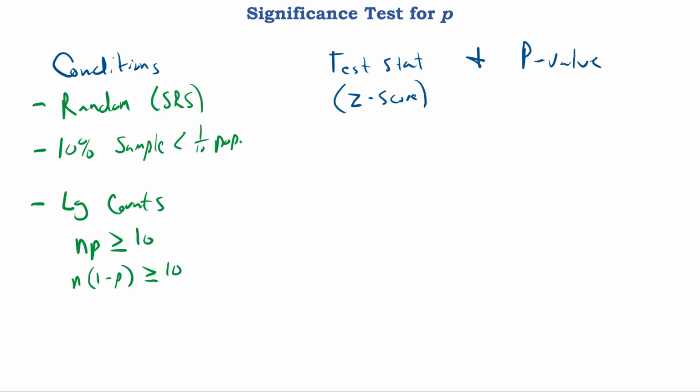This lets us say the sample distribution is approximately normal. That's what we need to worry about first.